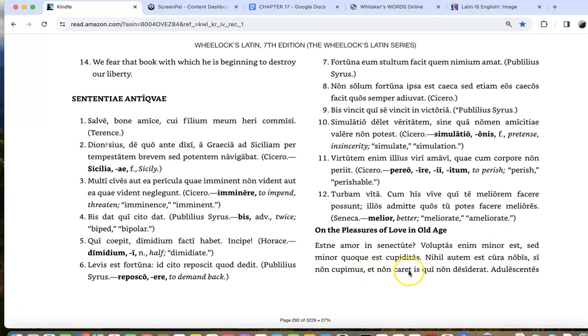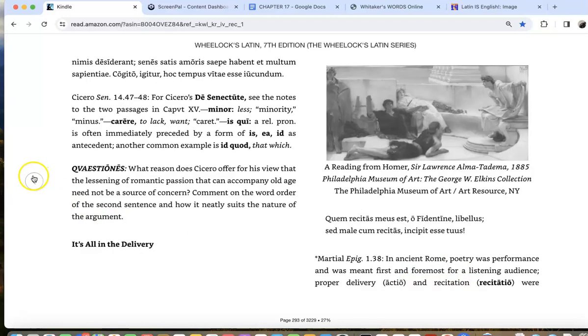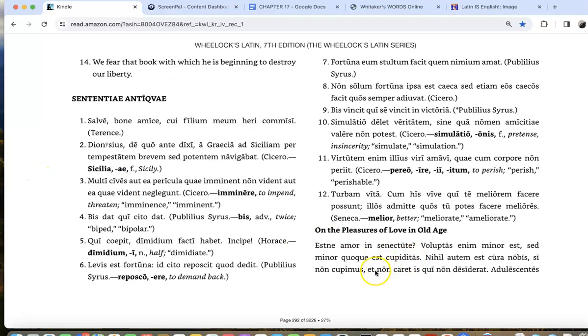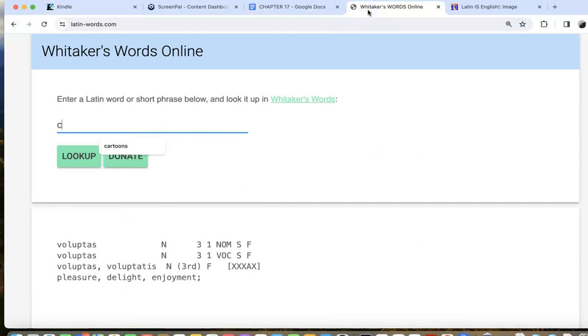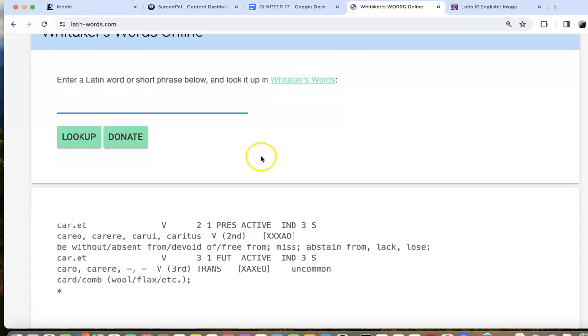Et non caret is qui non desiderat, and he is not without, who is not desiring. So this one's going to be a little bit tricky to translate. Et non caret, let's take a look at this to see what our options are on this here. Free from, or devoid of, or be without.